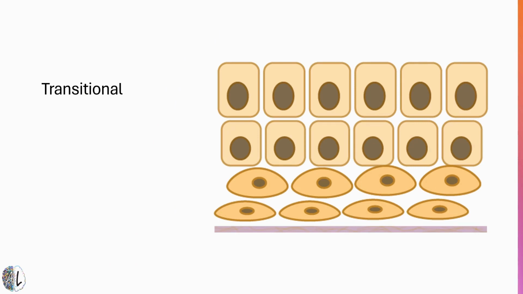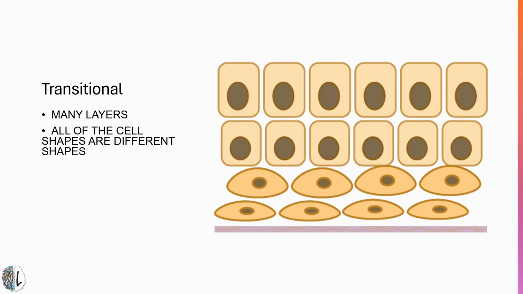All right, one that we haven't talked about yet, so it's kind of a surprise here for you. We have one last type of tissue that we should talk about, and that is transitional epithelium. So what you're going to notice here is that this is sort of different from all of the other ones that we have talked about. So there are many layers. I know we don't have the word stratified, but transitional is in fact many layers.